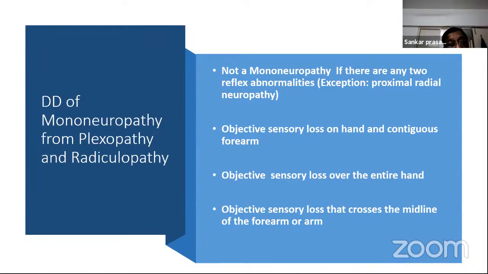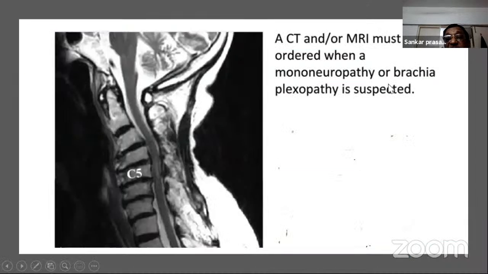Objective sensory loss over the entire hand is not a mononeuropathy. Objective sensory loss that crosses the midline of the forearm or arm is not a mononeuropathy, and it is a radiculopathy or a plexopathy. Whenever a mononeuropathy or brachial plexopathy is suspected, we have to get a CT or MRI done.